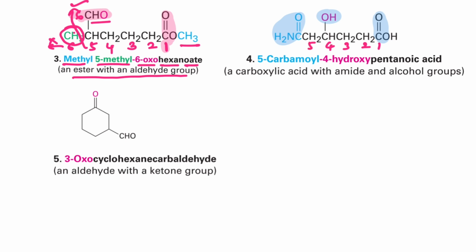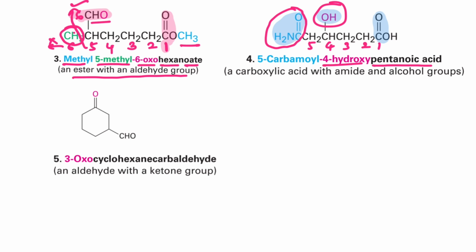Now, this is called carbamoyl at the fifth position. Then at the fourth position we have hydroxy, 4-hydroxy. Total carbons are 5, therefore pentanoic acid. Now you may be confused why a number is not given for this carbon.